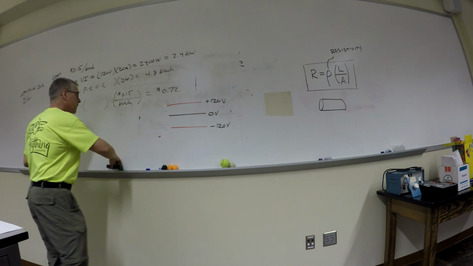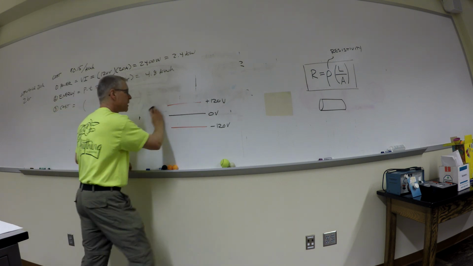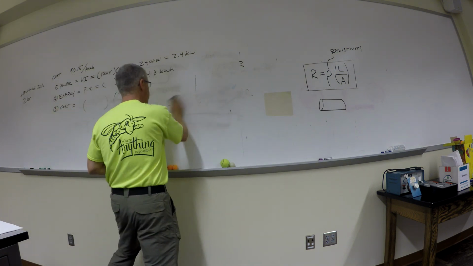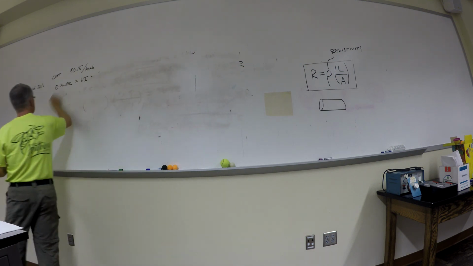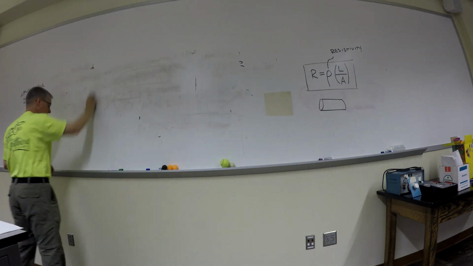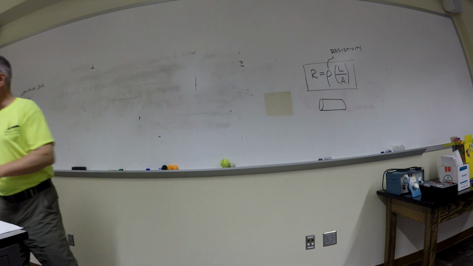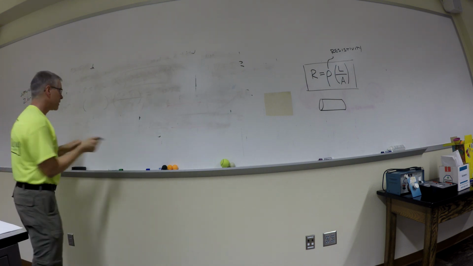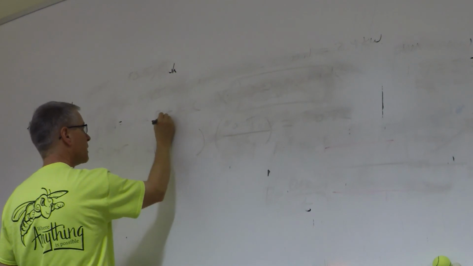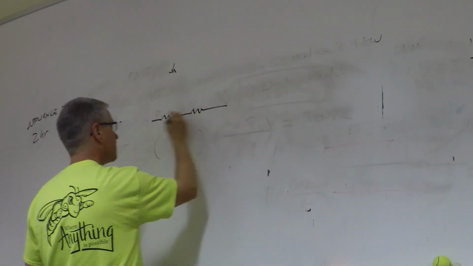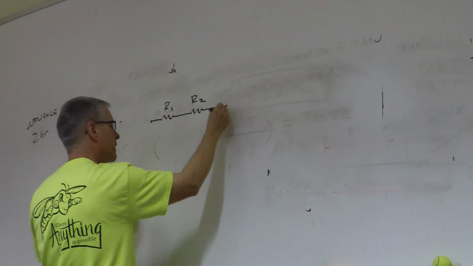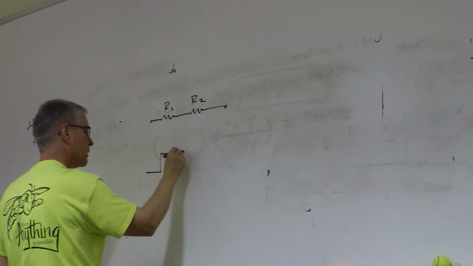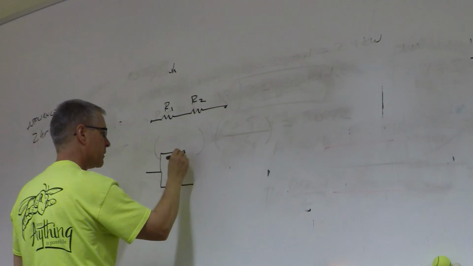So one last thing then is something again I'm going to leave to you guys to take a look at in your book. When we're talking about resistors and circuits, we can have them this way, we can have them this way.